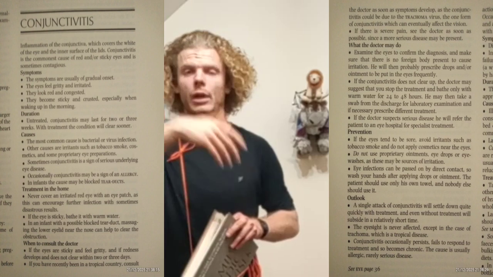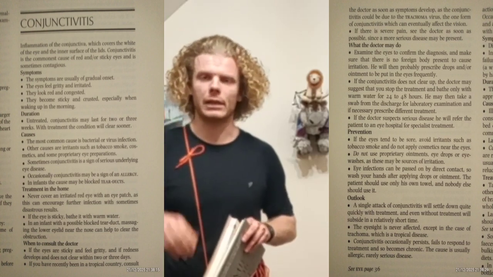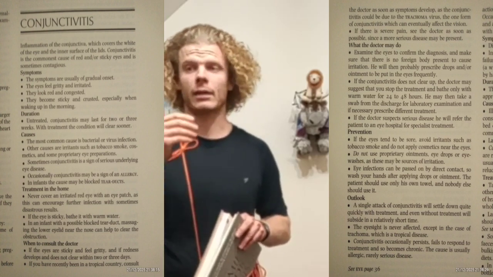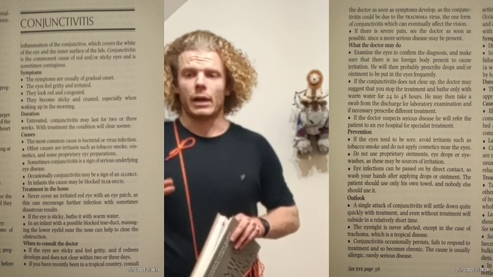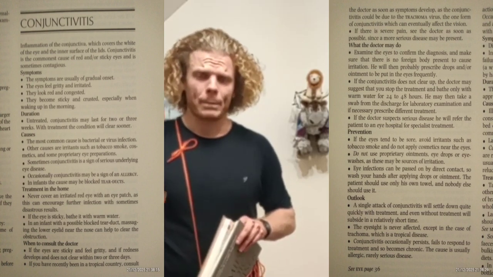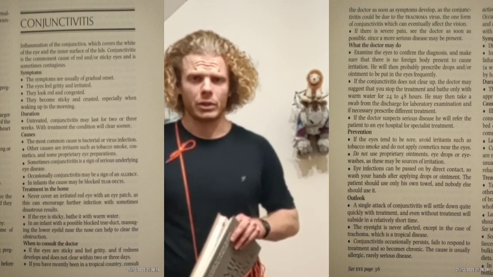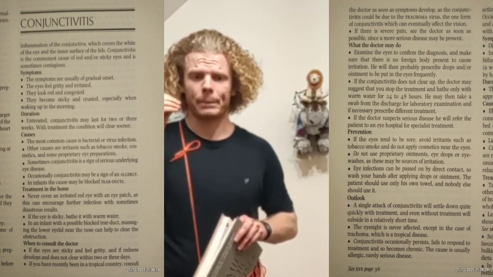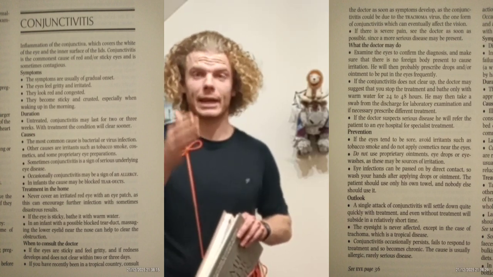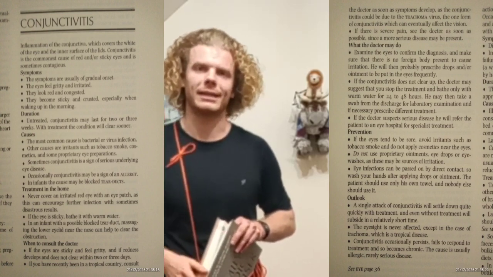The symptoms are redness and a feeling of gritty and congested eyes, and they are sticky and crusted in the morning. The causes are usually bacterial or virus infection, but it can also be an allergic reaction, eye preparations, tobacco smoke or cosmetics, or in some cases an underlying disease.